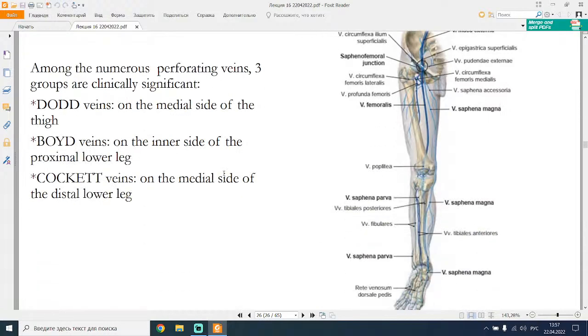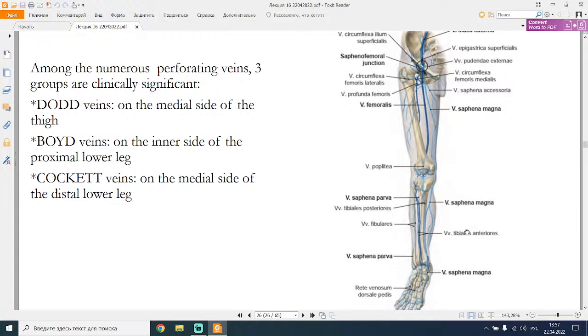Among the numerous perforating veins, three groups are clinically significant. Dodd vein is situated on the medial side of the thigh.